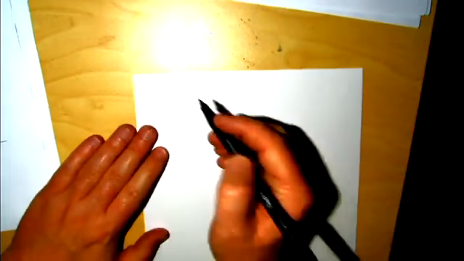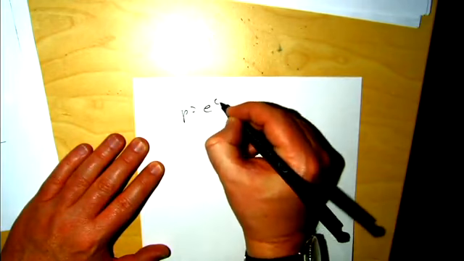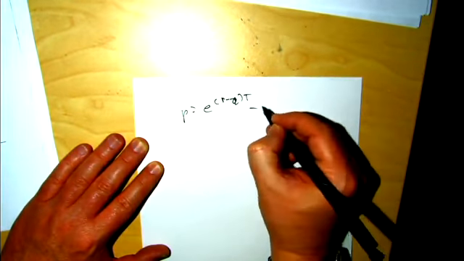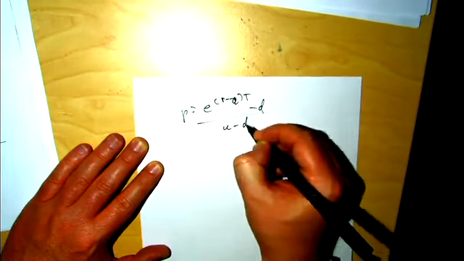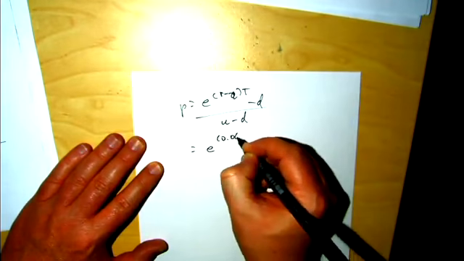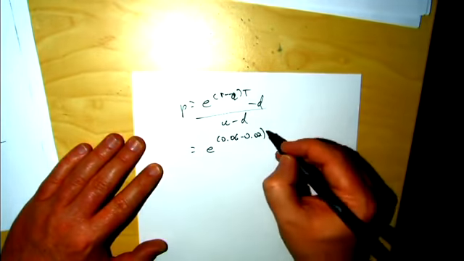So I solve for P first of all. So P is equal to e to the power of r minus q times t, minus d divided by u minus d, which gives me e to the power of 6% risk-free minus 2% dividend yield.